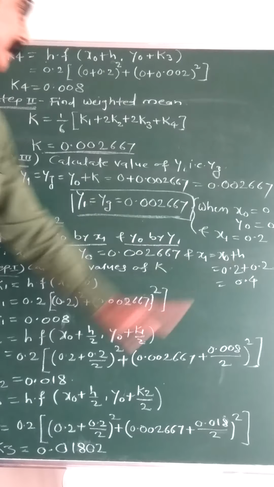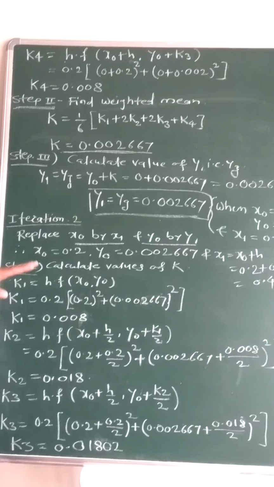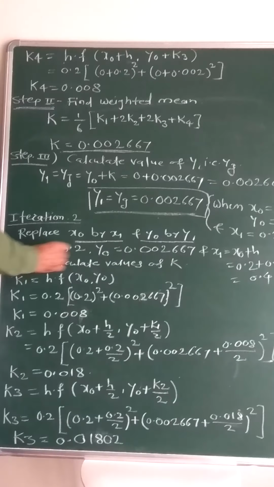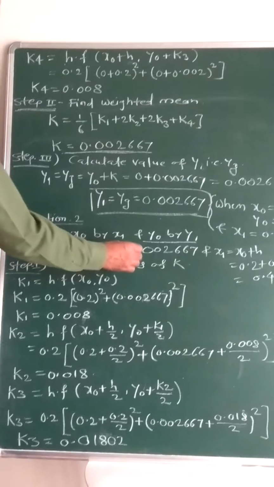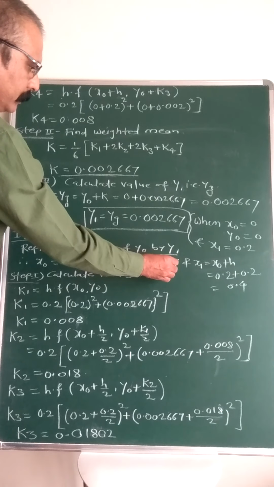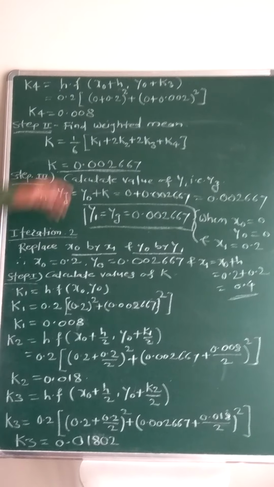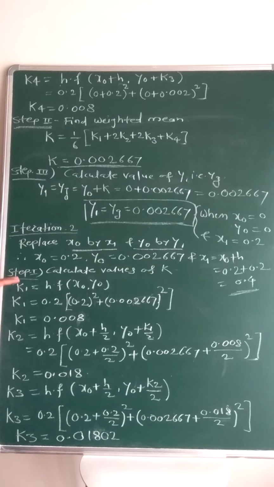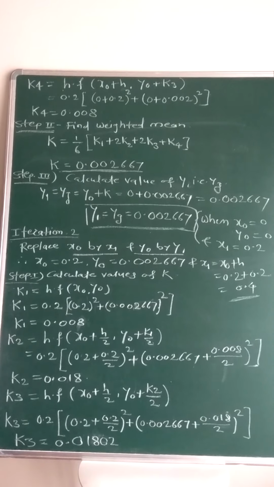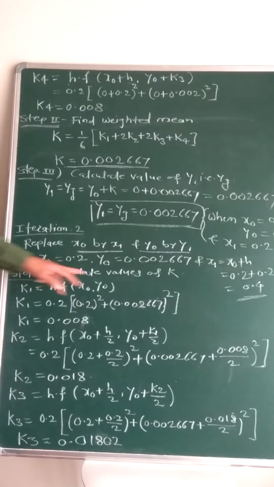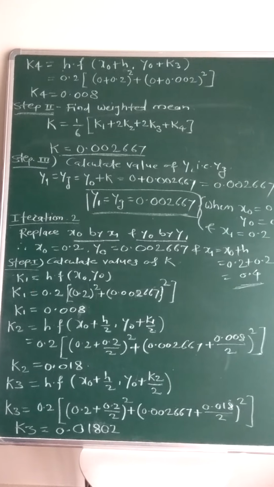Now here you have to find the value of y2 or yg when x0 is equal to 0.2, y0 is equal to 0.002667 and x1 is equal to 0.4. Again repeat the same steps. That is, step number 1 is to calculate the various values of k.